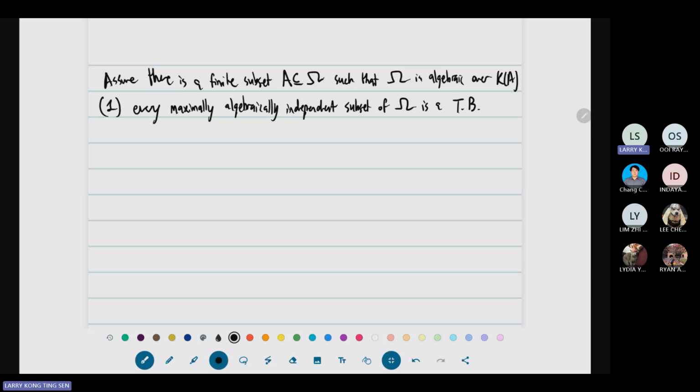I'll just write TB for transcendence basis. If we look at the linear algebra analog, it basically says that the biggest possible linearly independent set is a basis for the vector space. So similarly, every maximally algebraically independent subset of omega is a transcendence basis.